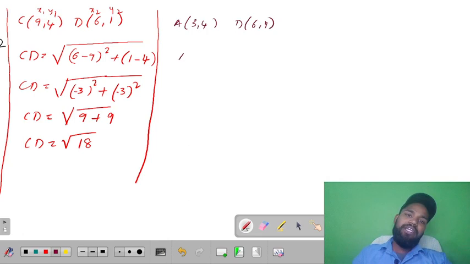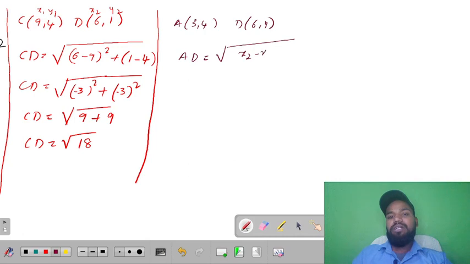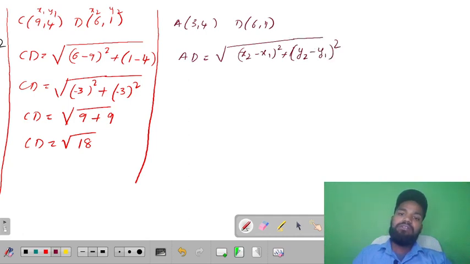So AD equals, we already know the formula, under root (x2 minus x1) whole square plus (y2 minus y1) whole square.